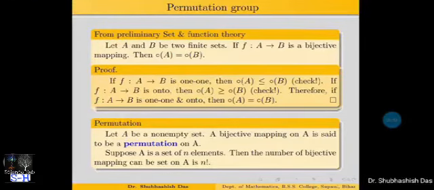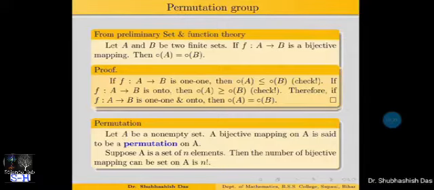If f is a bijective function between two finite sets A to B, then A and B contain the same number of elements. The proof is very simple. Bijective function means 1-1 and onto. If f maps A to B is 1-1, then order of A is less than or equal to order of B. Please check it.